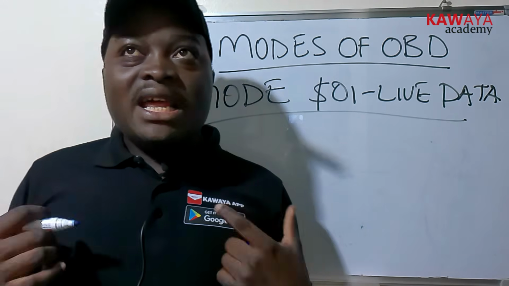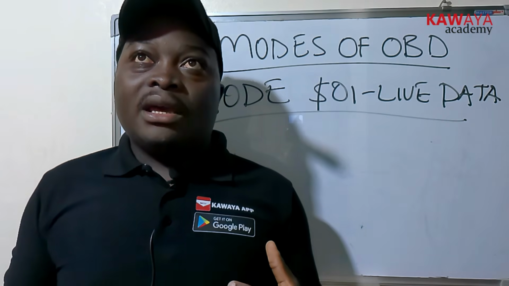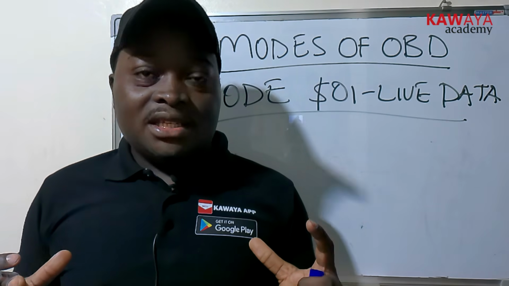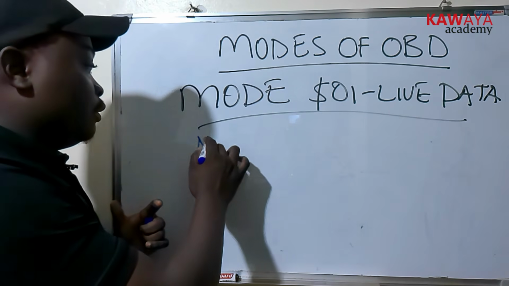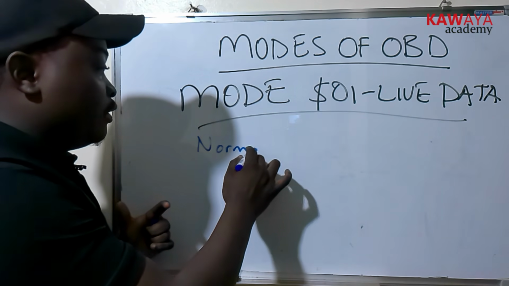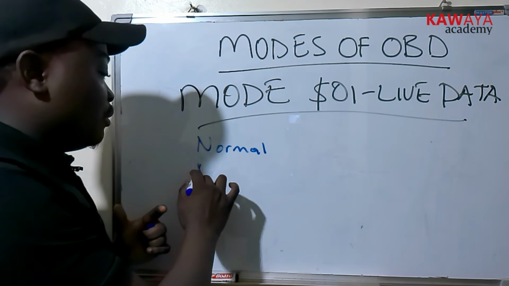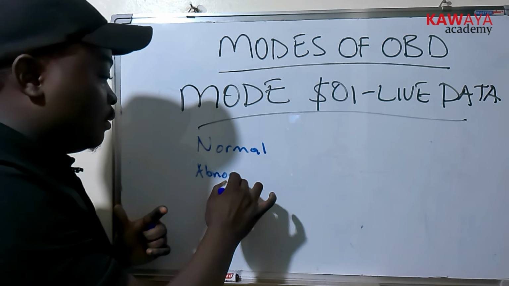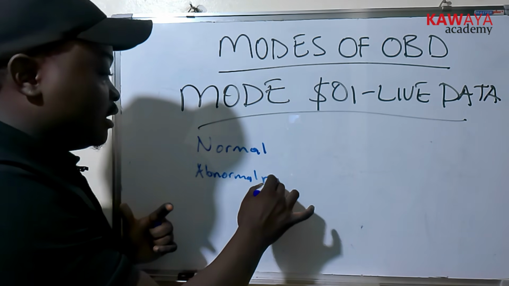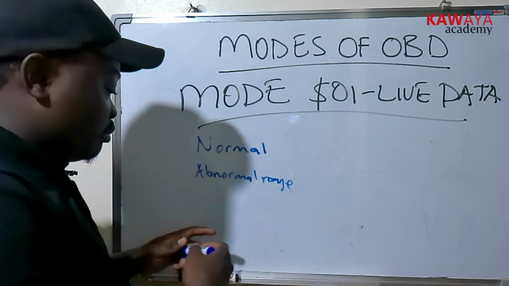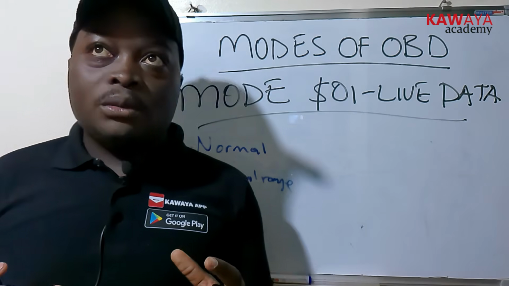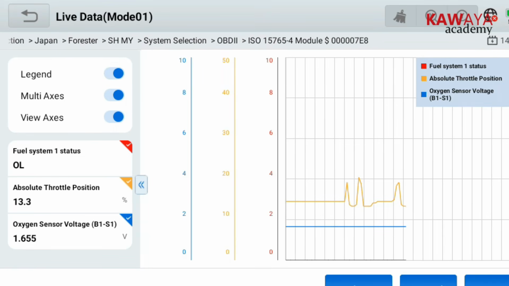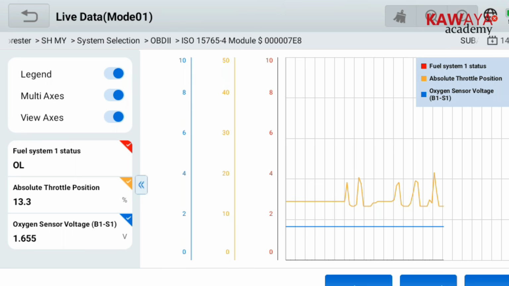And in live data, a key point when we are carrying out diagnostics is you have to know the normal range and the abnormal range. I'm talking about this because when you're monitoring live data, you're basically looking for inconsistencies. I'll give an example with coolant temperature.